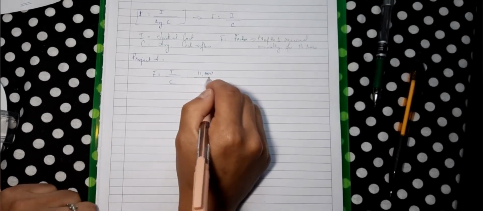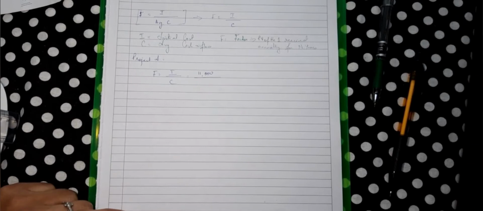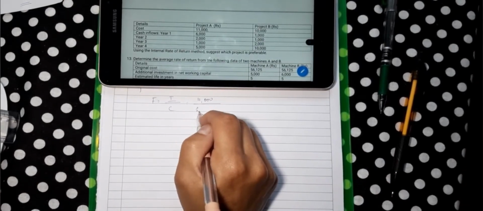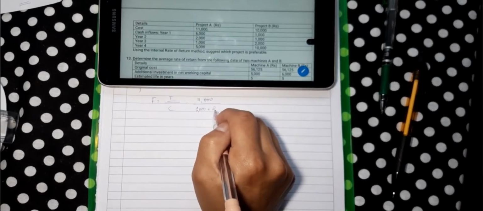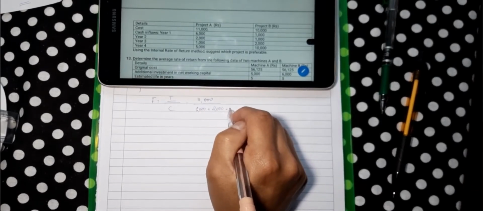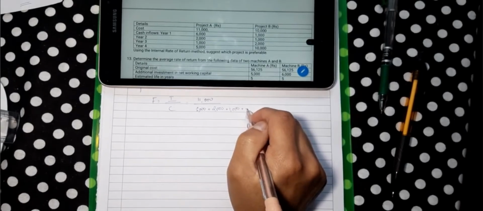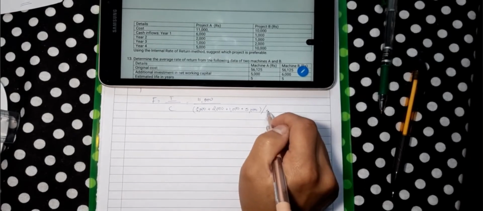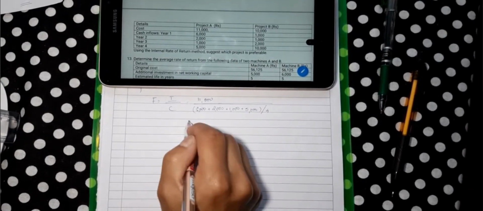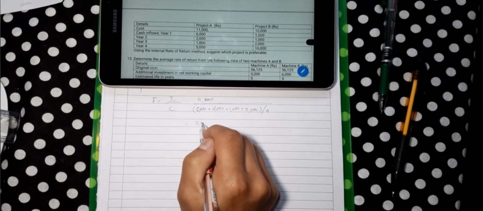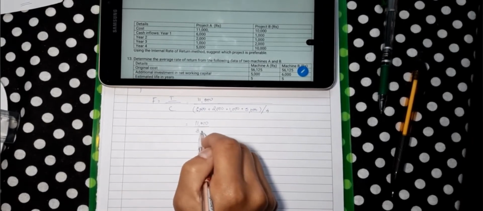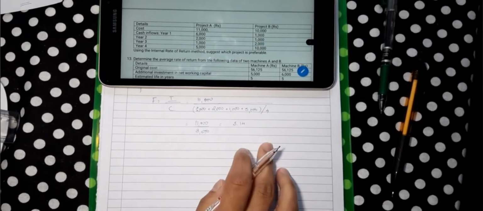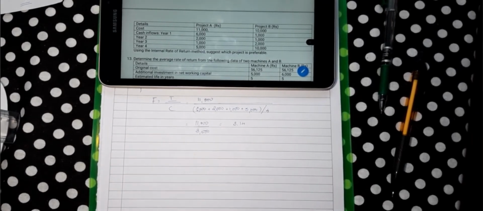Then for the average cash inflow, in the first year we have rupees 6,000, second year rupees 2,000, third year rupees 1,000, and in the fourth year rupees 5,000. Since these are average cash flows, we divide by 4. So factor is equal to 11,000 divided by 3,500, which is equal to 3.14. Factor in this case is 3.14. I'll explain this as I go ahead.